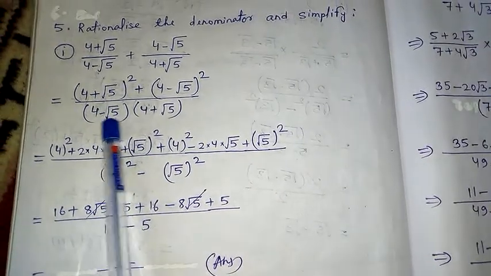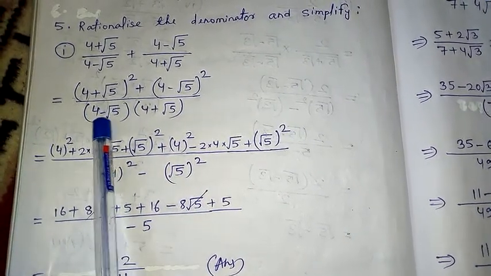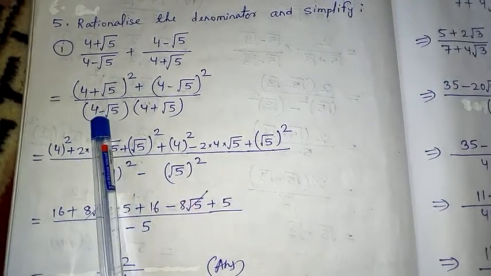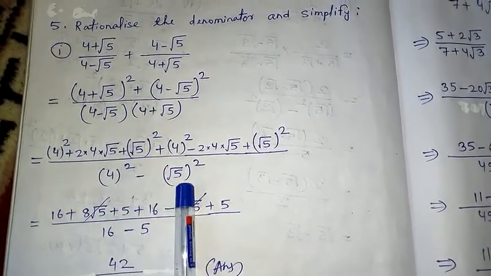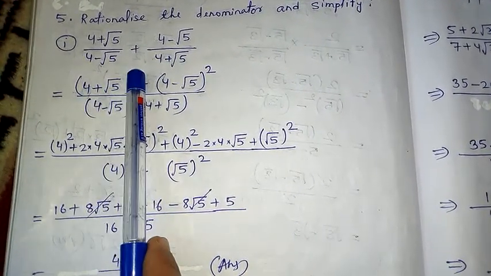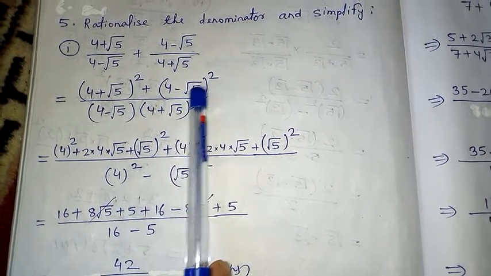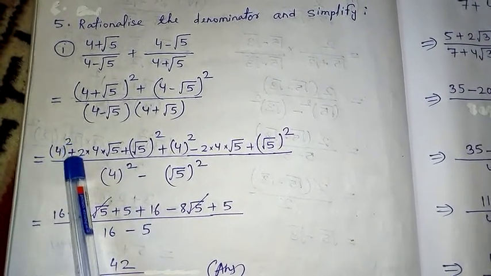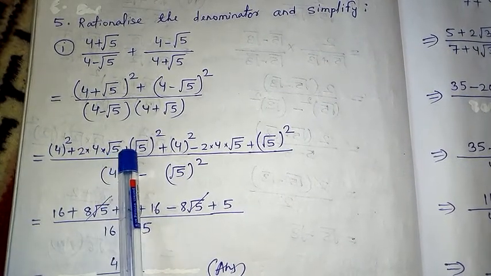Now the denominator is the formula of (a minus b)(a plus b), whose formula is a square minus b square. 4 is a and root 5 is b. So I wrote a square minus b square. Here it is the formula of (a plus b) whole square: a square plus 2ab plus b square.